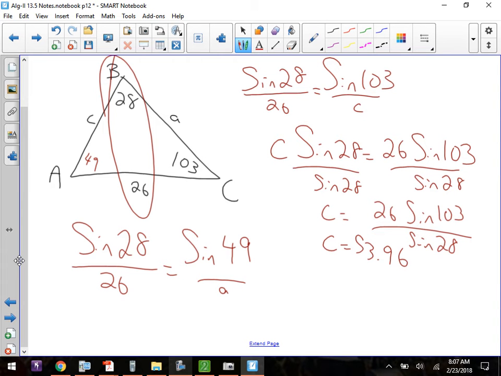Now, one of the things you'll start to recognize is that when you have already solved an equation with the variable in the same location, why not just jump to what you've already done? You knew you had to multiply by 26 and divide by sine 28. You'll start to pick up on that. If not, no big deal. It only takes an extra step.